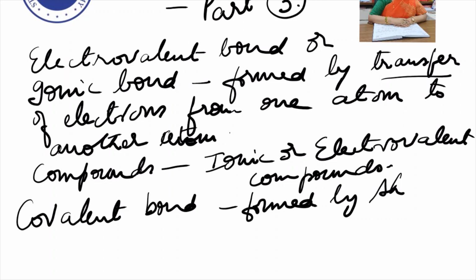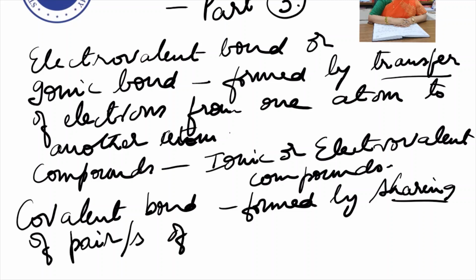Ionic bond is by transfer of electrons. This is by sharing of a pair or pairs of electrons between atoms.